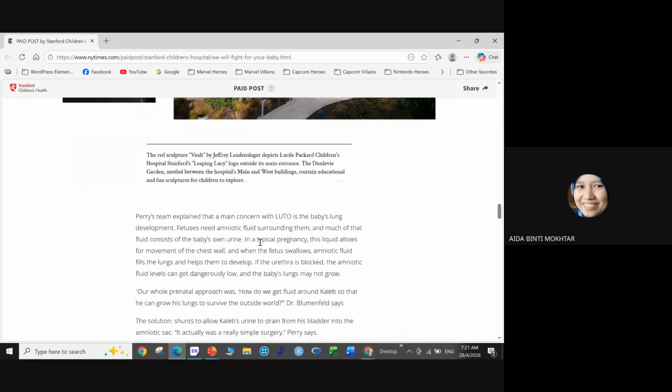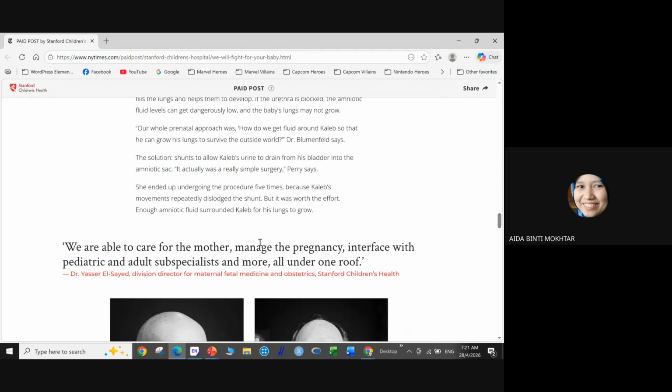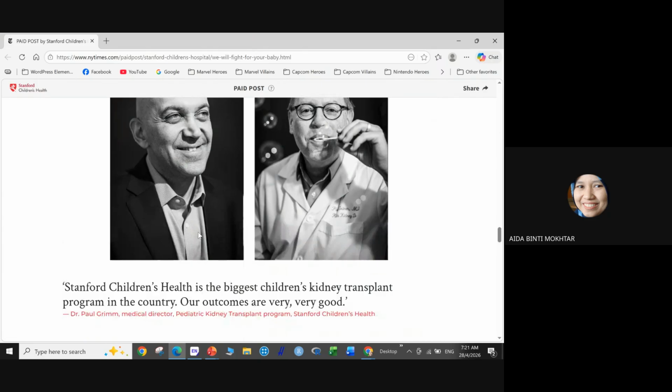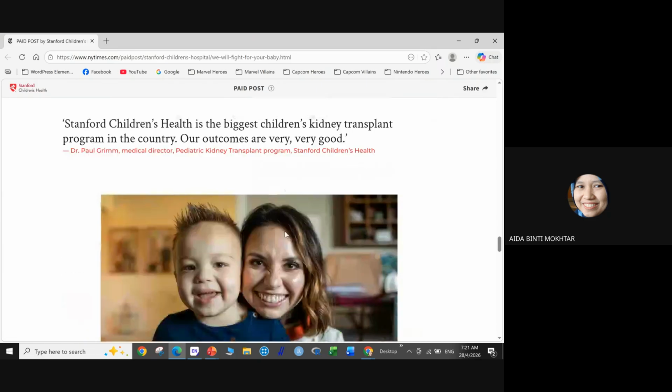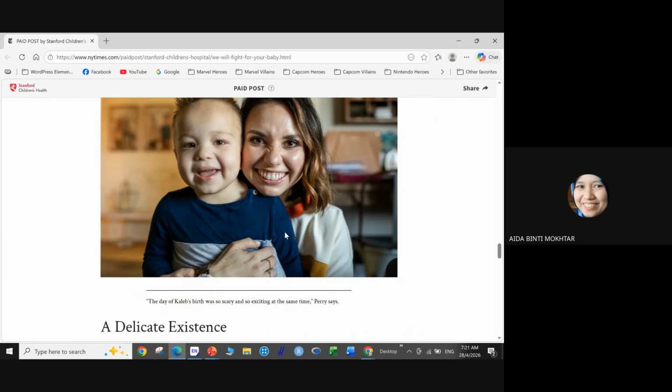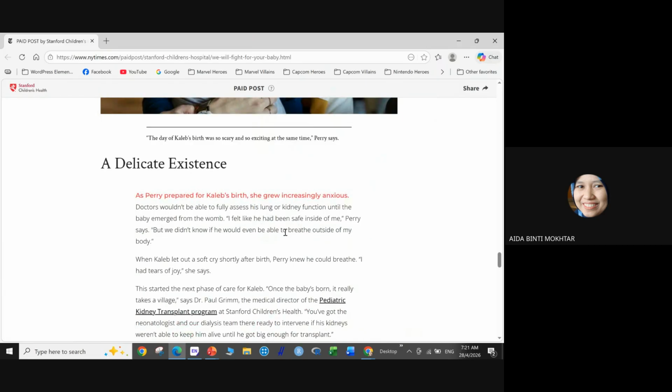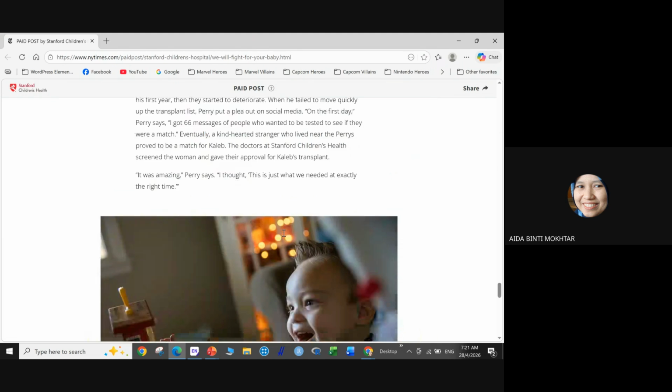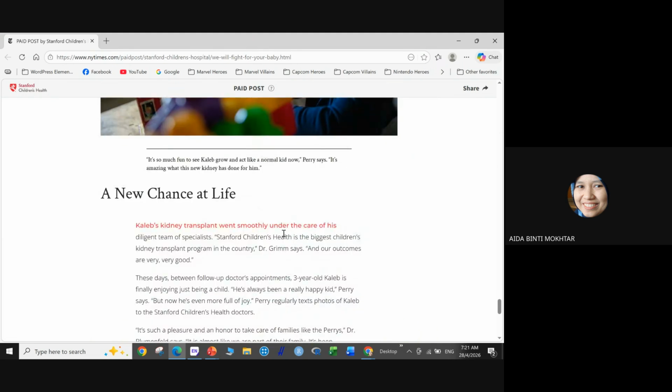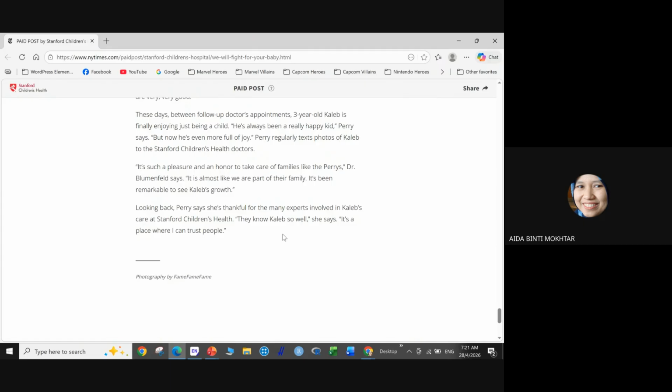And pictures of the hospital and captions and quotes, and then the people who were involved, and the child who was affected, and the whole story about this. So when you read this, it's more like a story rather than an advertisement.